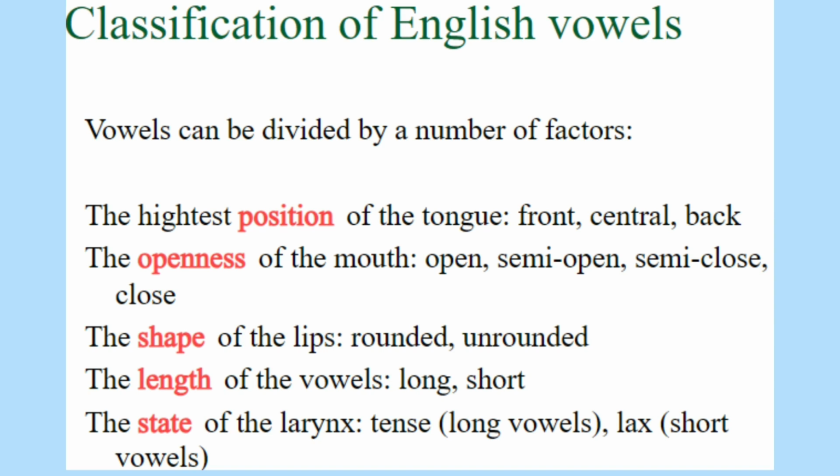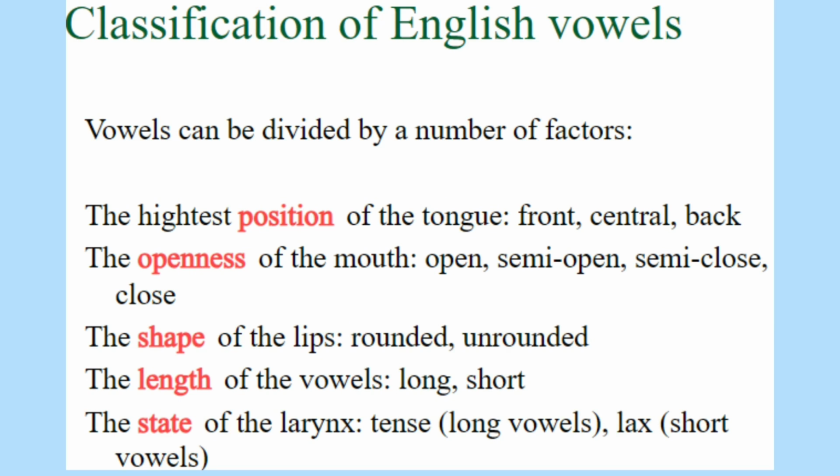Okay, today we will be looking into classification of English vowels. Vowels can be divided by a number of factors. Here I have mentioned 5 factors that are involved in the classification of vowels. First, the highest position of the tongue: how you keep your tongue inside your mouth plays a pivotal role in identifying the vowels.